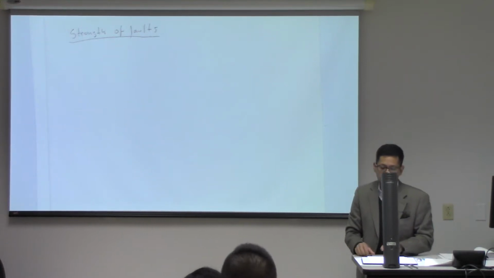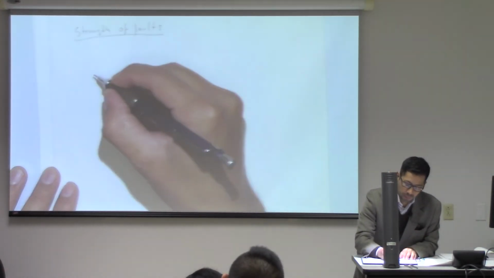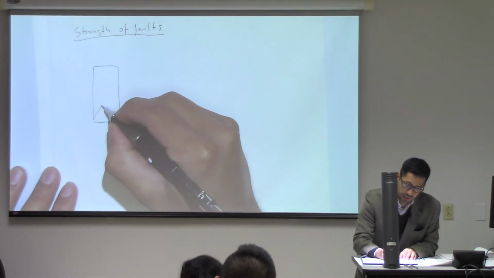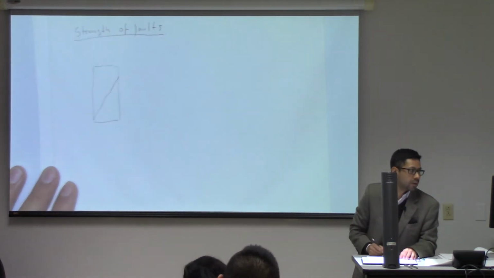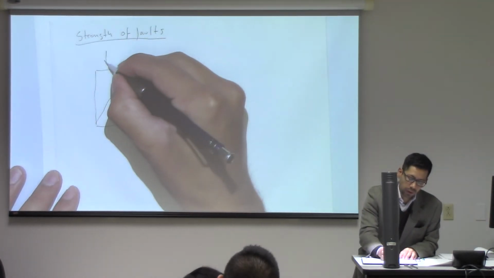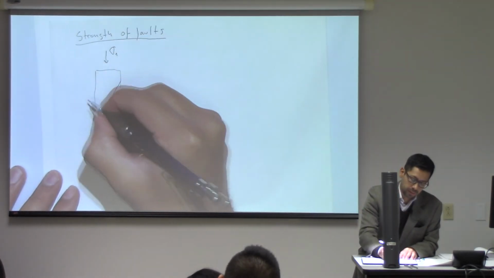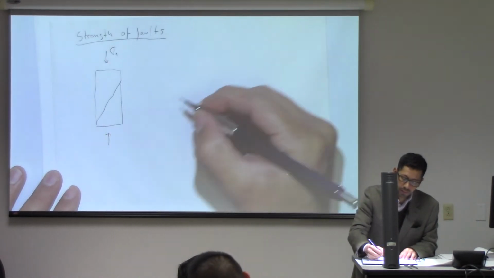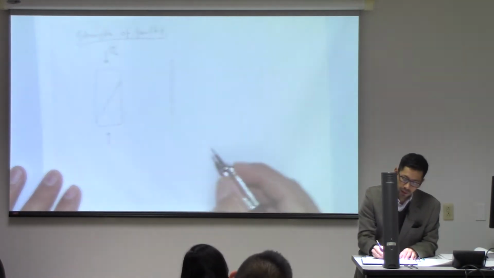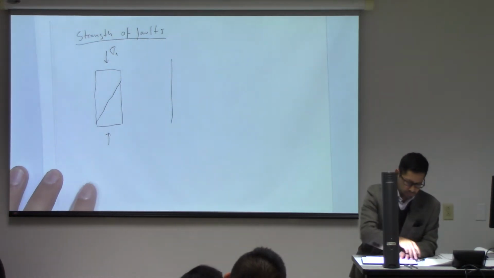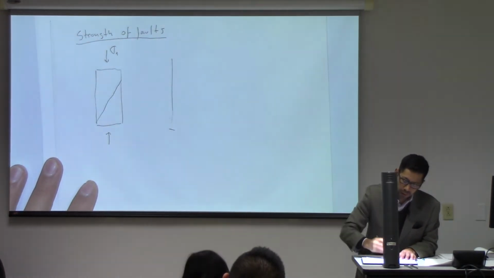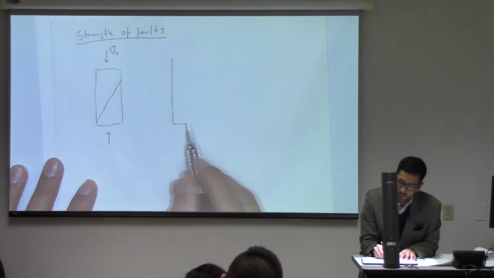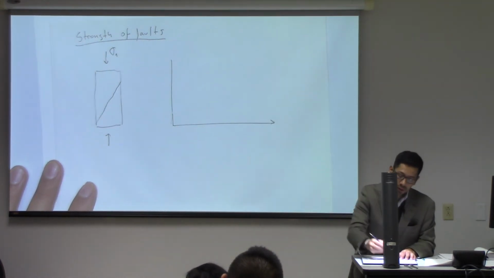What do you think if I gave you a rock which has a fracture like this, and I want to load it in this direction? What do you think is going to be the unconfined compression strength, if I have no confining pressure, no stress in the other direction?